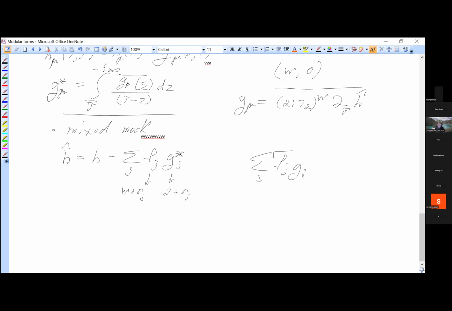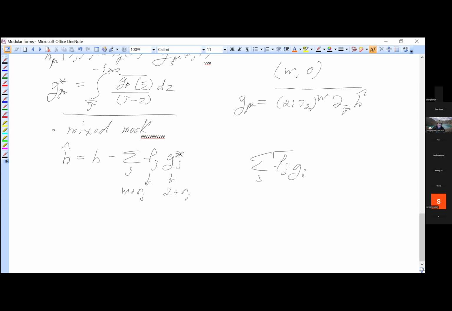For mixed mock modular forms, this is not true anymore. It's still true that with a fixed shadow, they form a finite dimensional vector space, but there is no so-called Rademacher formula, which typically gives for weakly holomorphic modular forms the form of the function in terms of the polar terms.